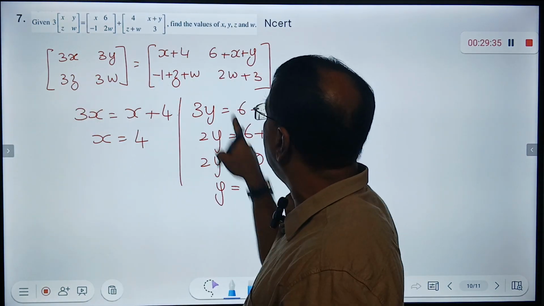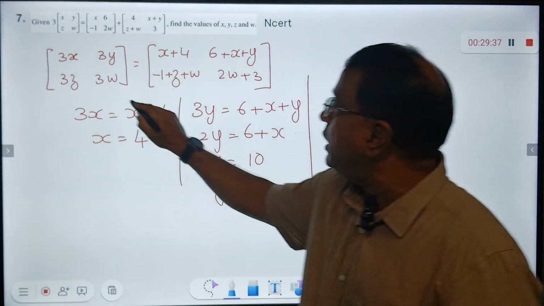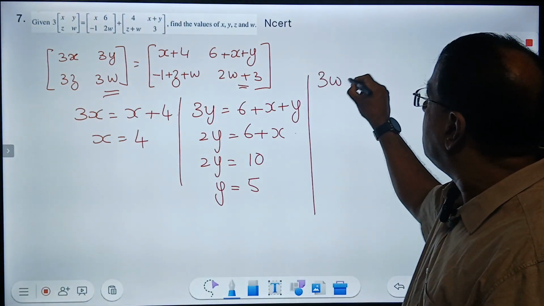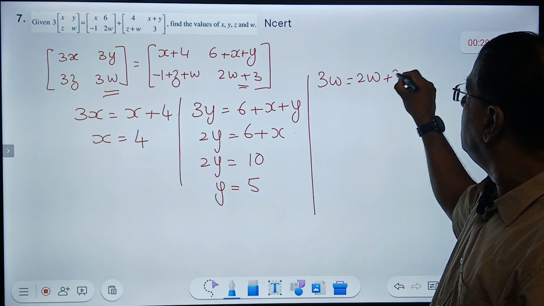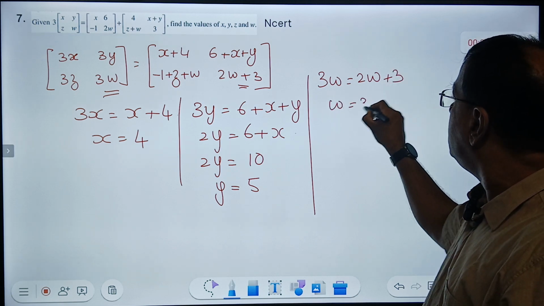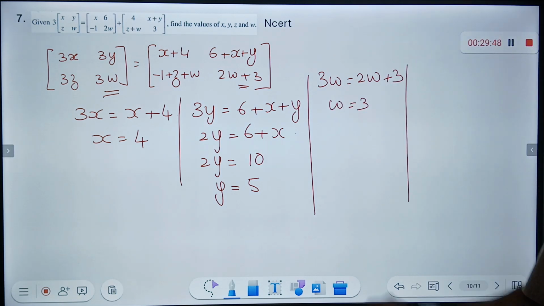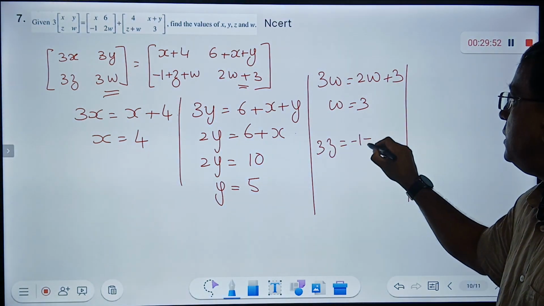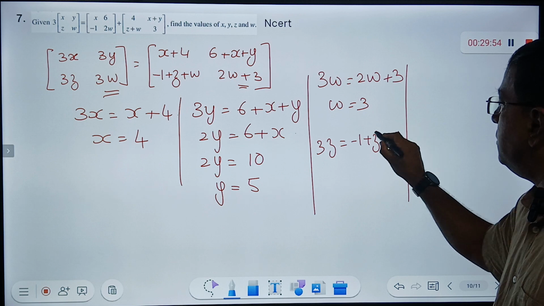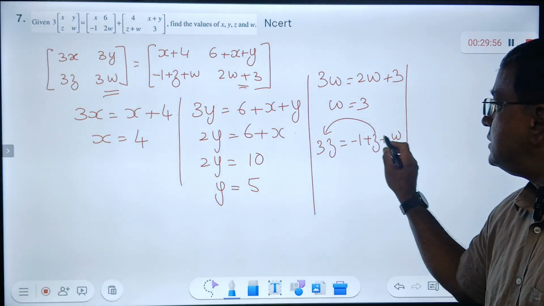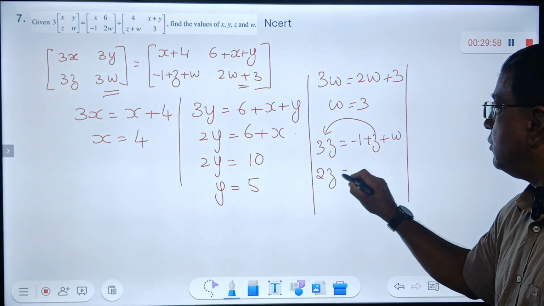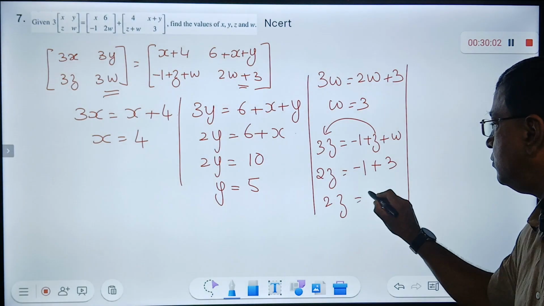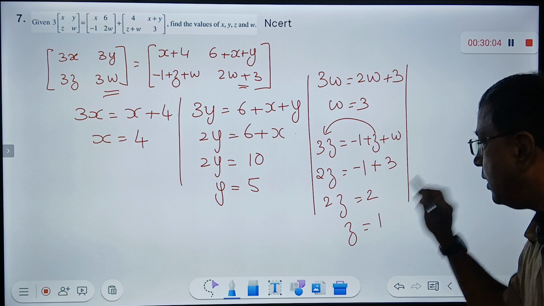We don't know z and w, so I'll equate these two first. 3w equal to 2w plus 3. So from this I get w equal to 3. Now 3z equal to minus 1 plus z plus w. Bring the z aside, 3z minus z will be 2z, equal to minus 1 plus w, which is 3. So 2z equal to 2. So z equal to 1.